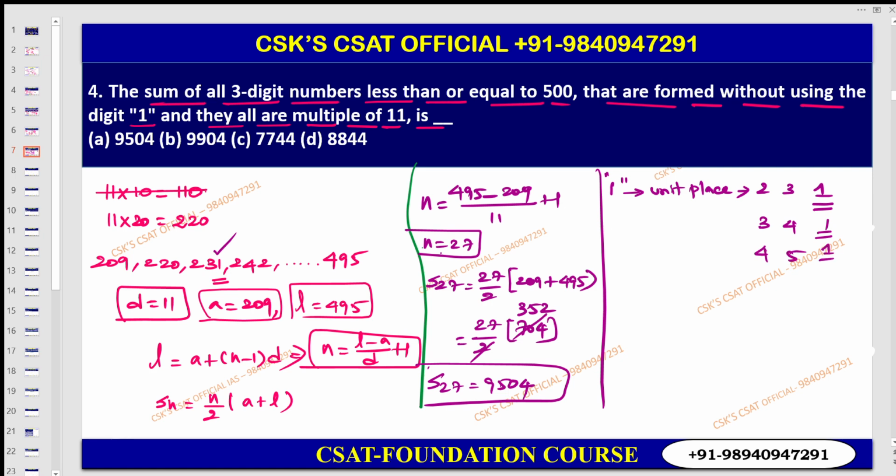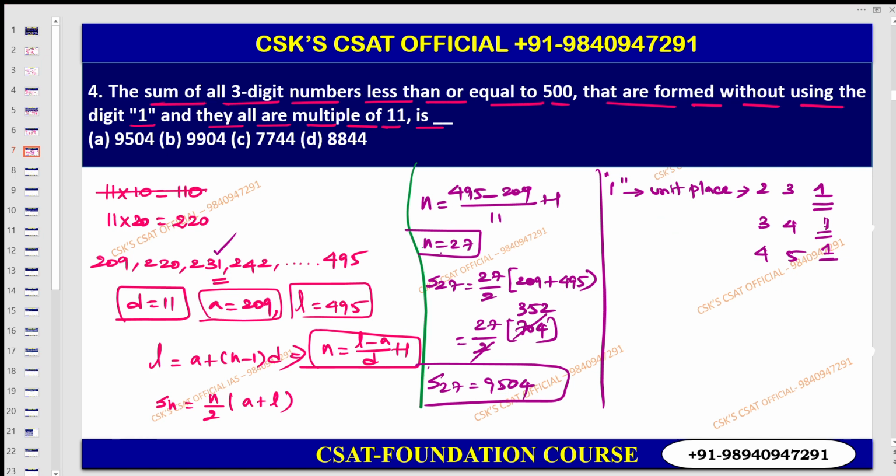Let me give you a simple way: 231 plus 110, plus 110 again. If you add 110 to 231, you get 341. Please remember these simple things.